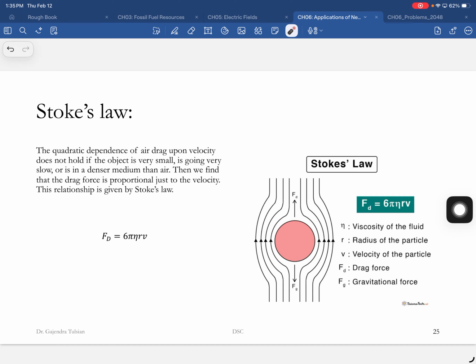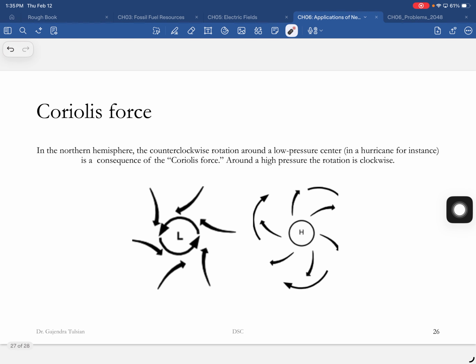Eta is the viscosity of the fluid. Viscosity is the friction of the fluid. So the viscosity of honey is greater than the viscosity of water. And R is the radius of the object that is falling through it.